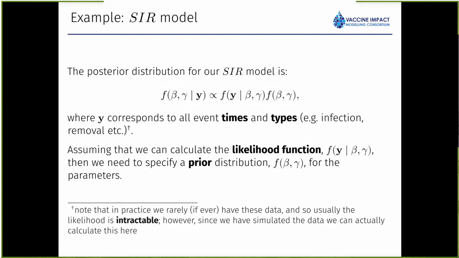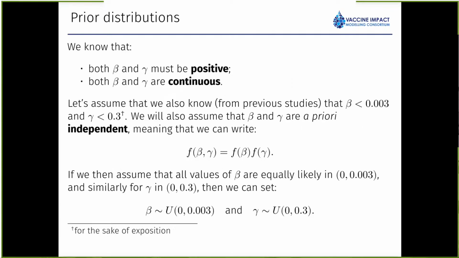So let's think about how to derive this prior. I will talk about priors in a little bit more detail in a few slides' time. For the time being, I just want to introduce the idea that your prior distribution has to be a probability distribution, okay?